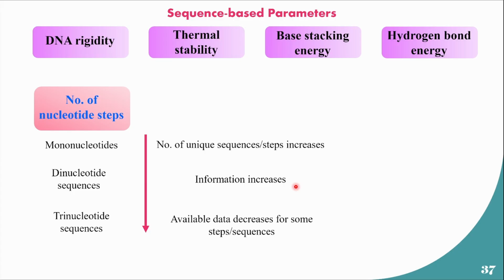Now, why is that? Let's take a quick example. Let's say you have a 100 length nucleotide sequence. It could be something like AGT, CGA, GA, something like that. Let's say 100 components are there. If you are only calculating data for mononucleotides, you can have a calculation for adenine, for guanine, for thymine and for cytosine as well.